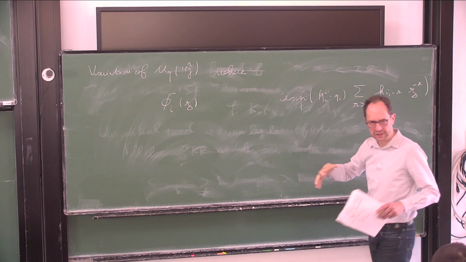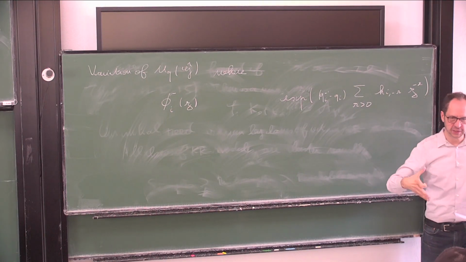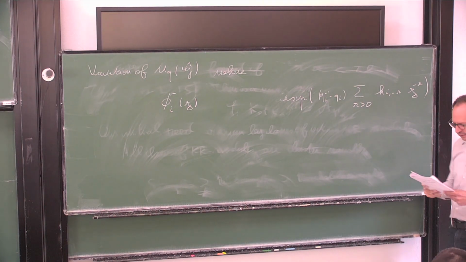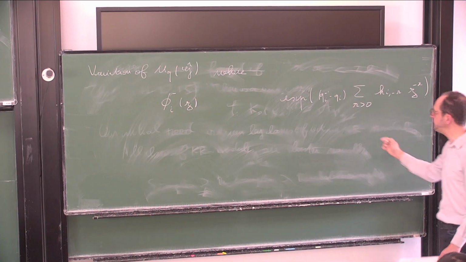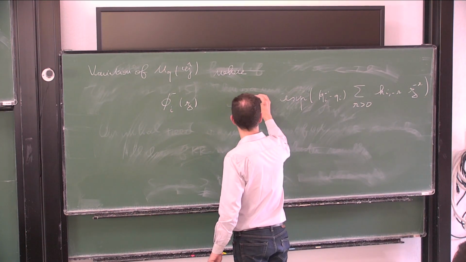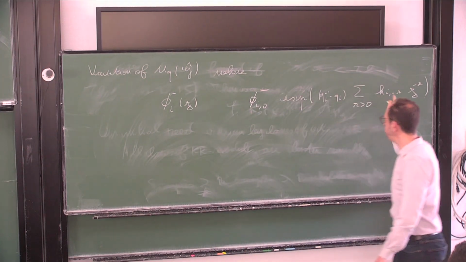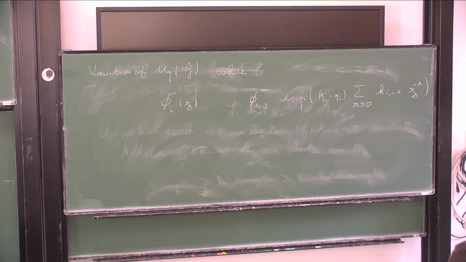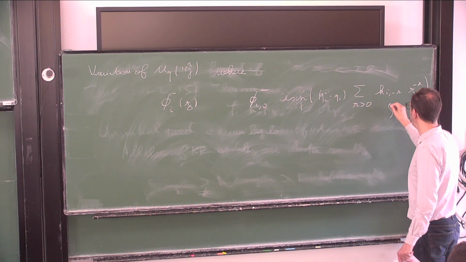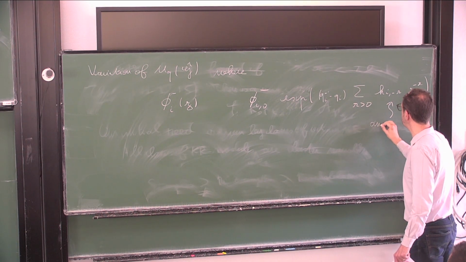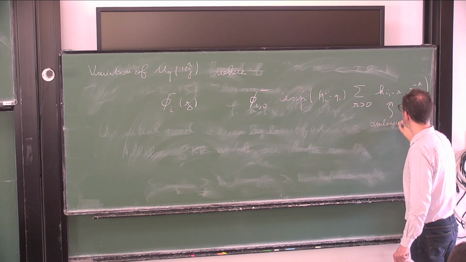We go a bit back in the structure of the quantum loop algebra, which, as we have seen, is complicated. For the ordinary quantum loop algebra, you have such a formal power series, some analog of h_i.